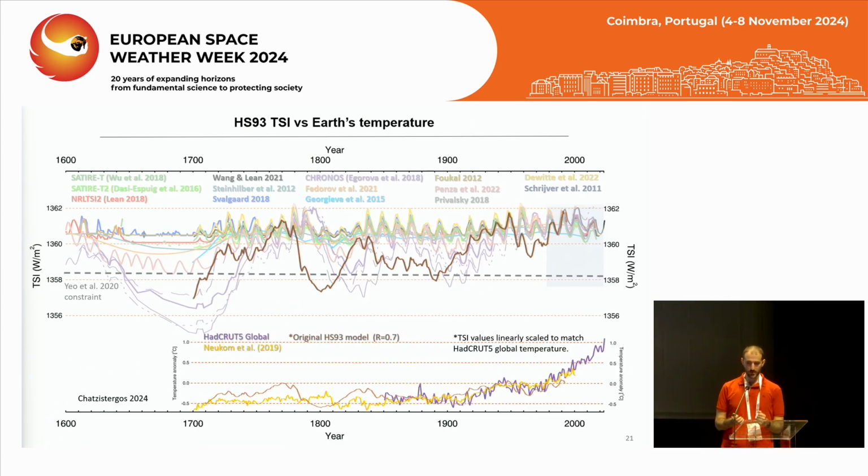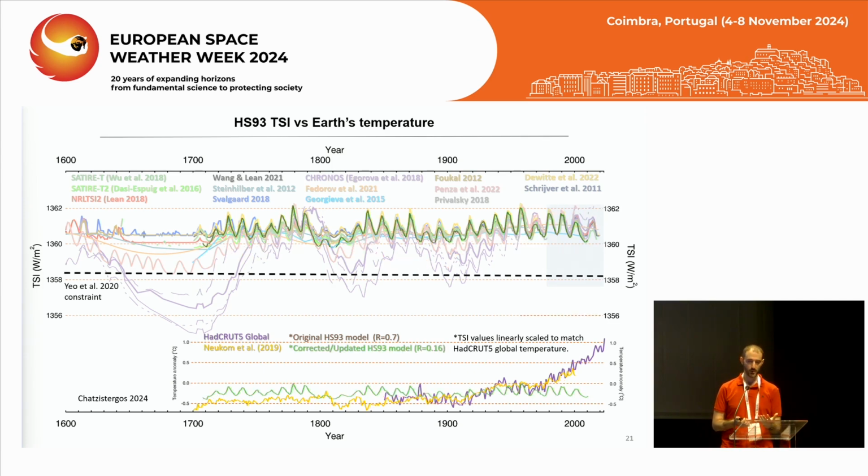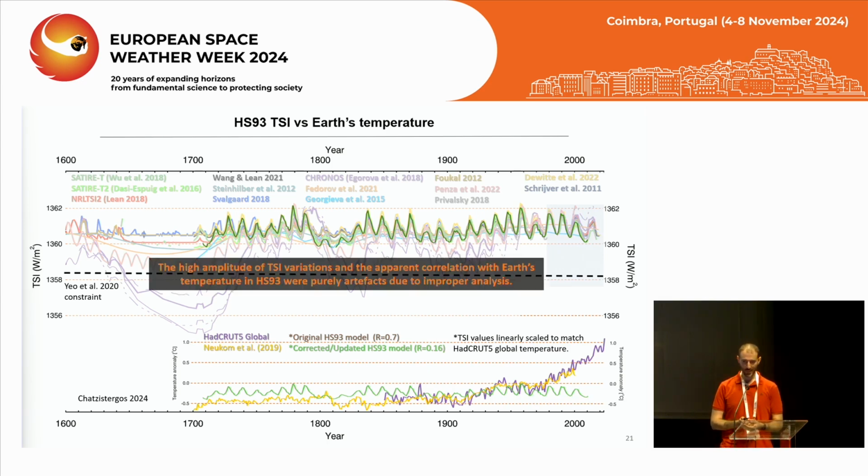And just to finish, this series was given to have a very good correspondence to temperature on Earth. So this is the original one as they had it in '93, and they were getting a correlation coefficient of 0.7. But if one were to correct for the artifacts that I told you, that drops dramatically to 0.16, and now the series is actually in a significantly better agreement with other current series of irradiance.